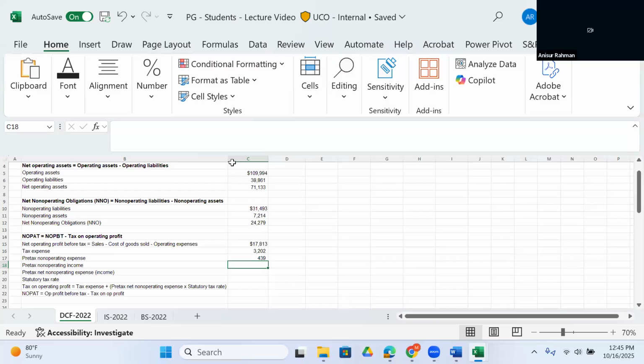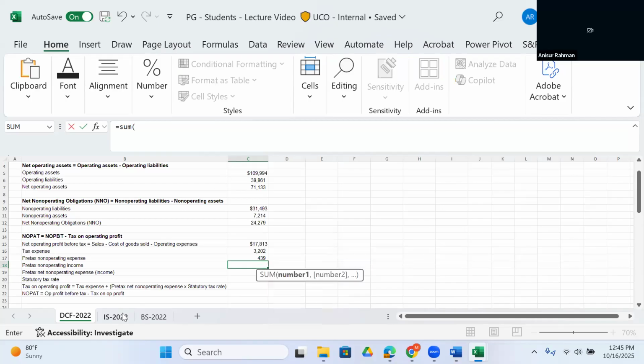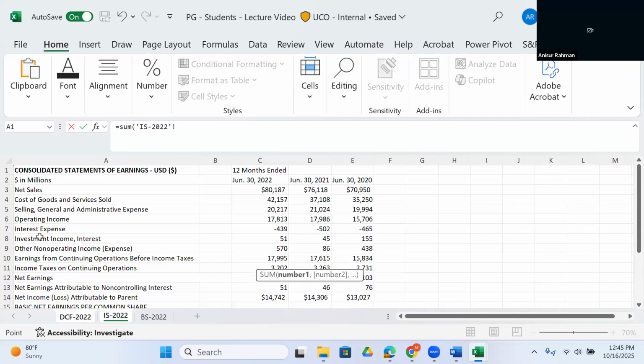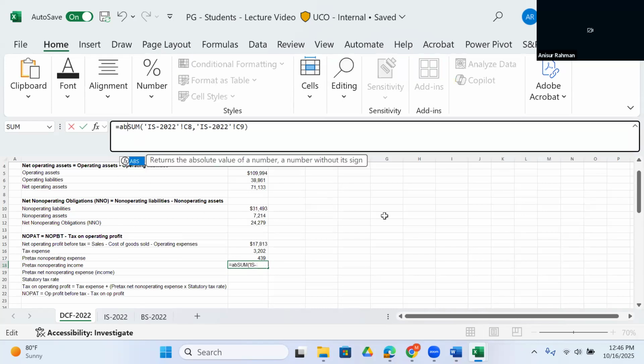Okay. Now pre-tax non-operating income, so equal to sum, non-operating income. This is an income, so I'll include this one, and also this is income, I'll include that one too. Although we have a positive number and don't have to, to be consistent I'm still going to use the absolute value formula.